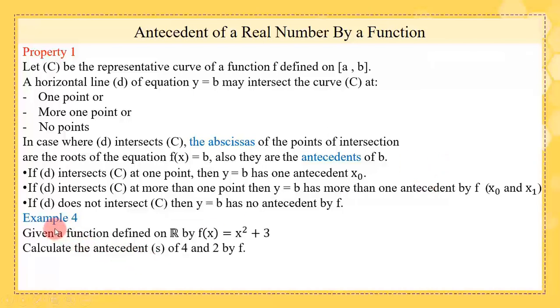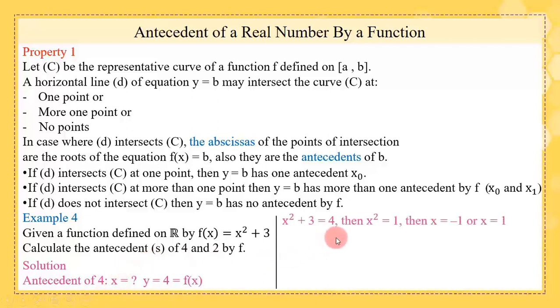Example number 4. Given a function defined on R by f of x equal x squared plus 3. Calculate the antecedent of 4 and 2 by f. Solution. In order to calculate the antecedent of 4, we need to find the values of x that are solutions to the equation x squared plus 3 equal 4.